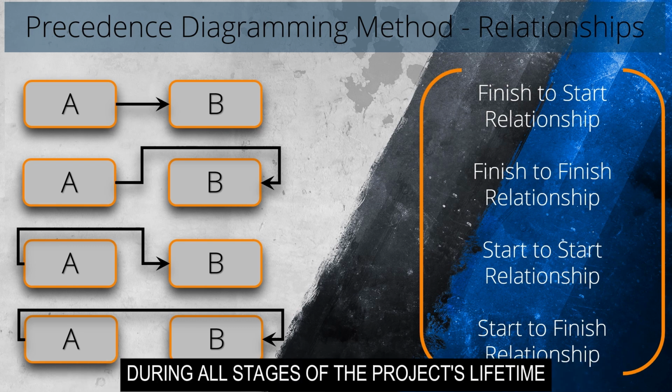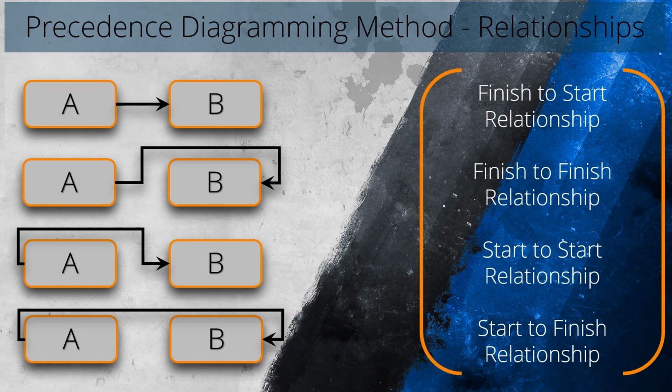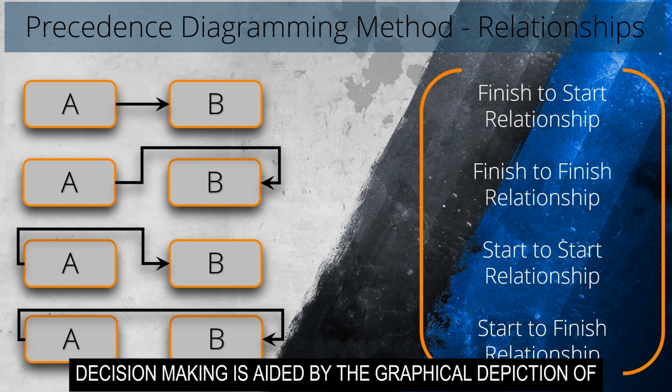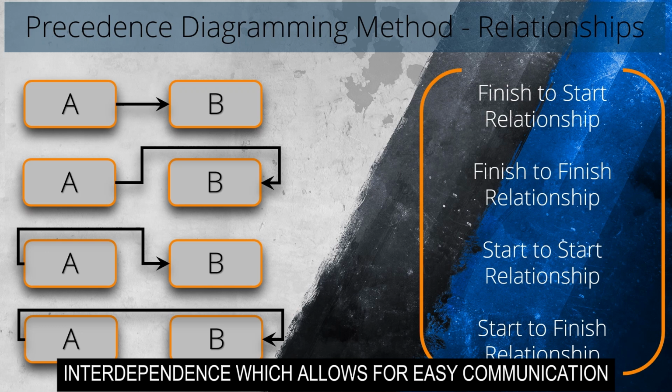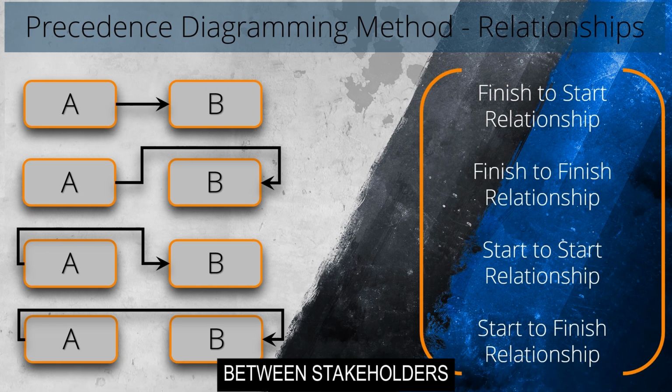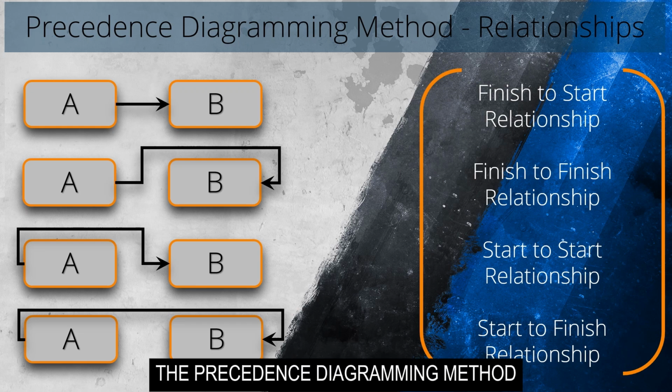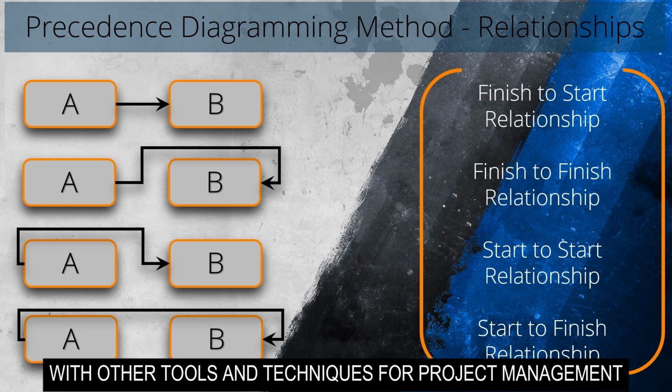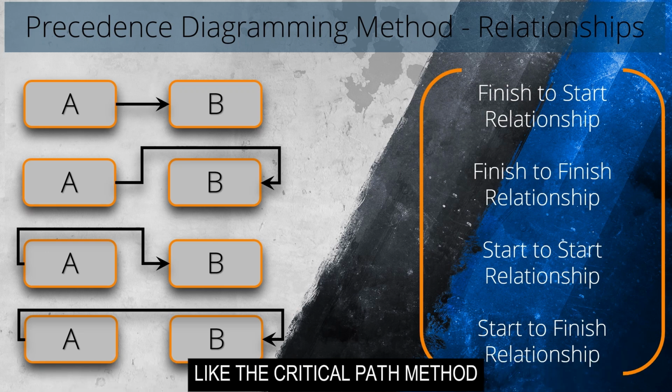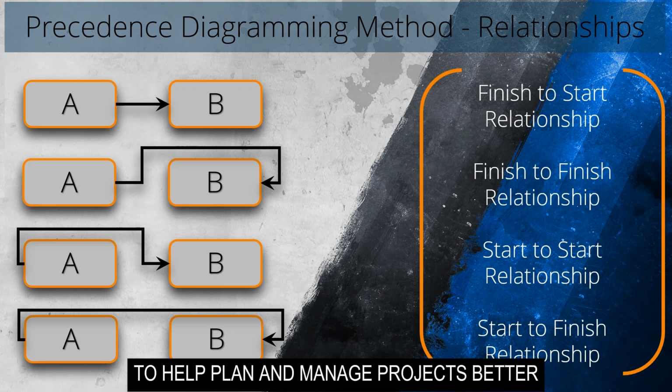During all stages of the project's lifetime, decision-making is aided by the graphical depiction of interdependence, which allows for easy communication between stakeholders. The precedence diagramming method can be used with other tools and techniques for project management, like the critical path method, to help plan and manage projects better.